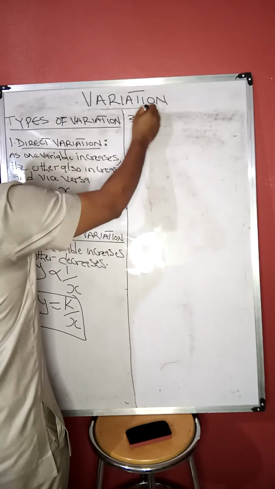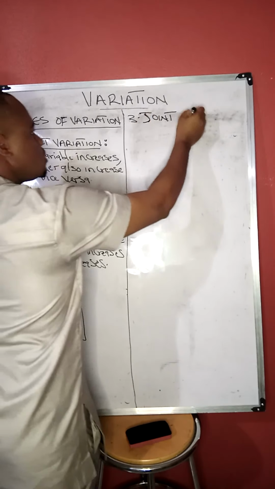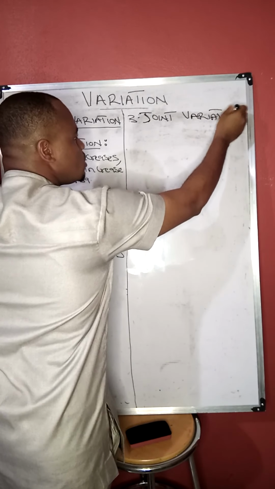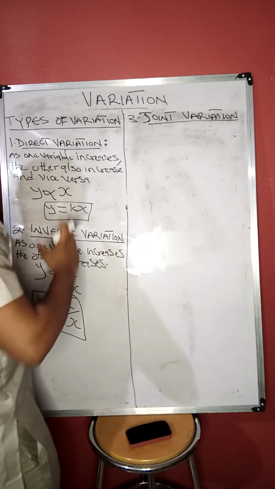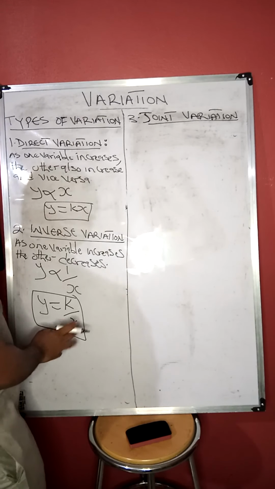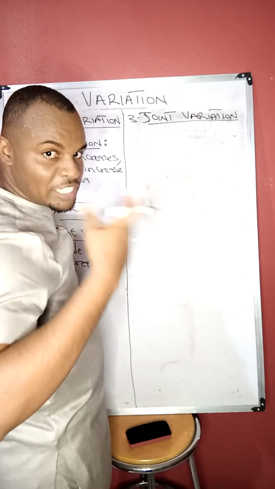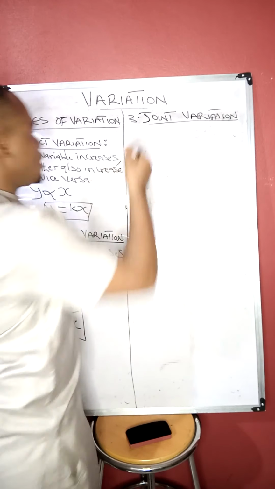Then the third one is joint variation. For joint variation, you are combining both direct and inverse. It means you are having more than 2 variables this time. You are having an additional third one, but one is directly proportional, the other one is inversely proportional.